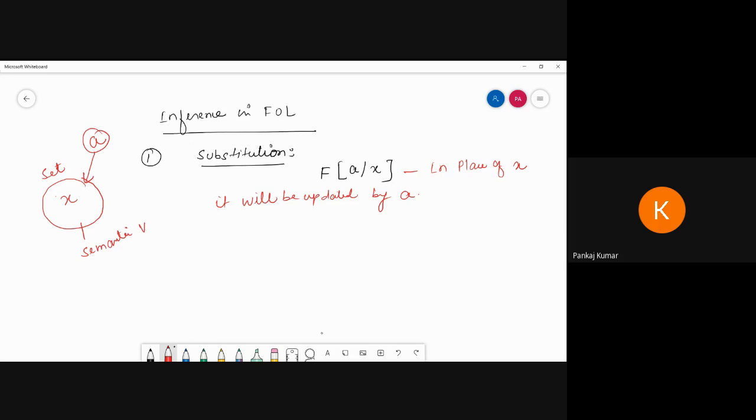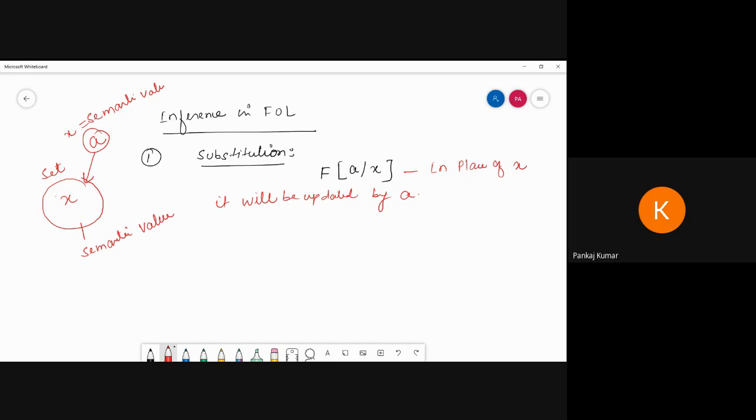Whatever the semantic value of x is, it is the same as the semantic value of A. So both values are equal. Whatever A refers to, x also refers to. That is the process of substitution in inference in first order logic.